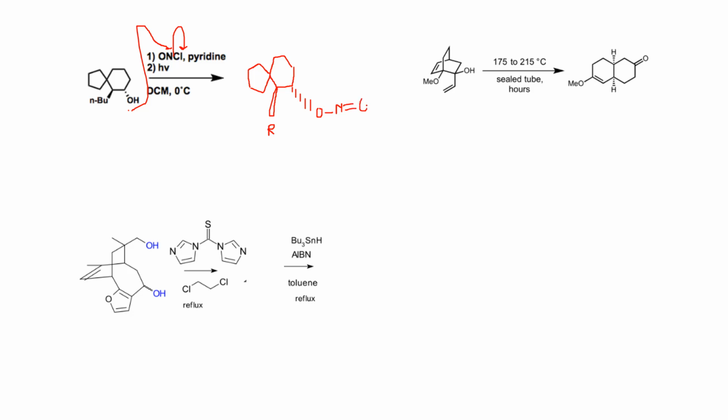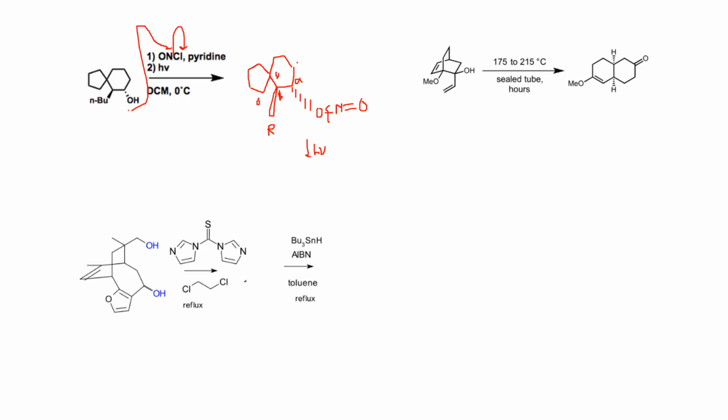Okay, so after that, if you add photochemical conditions, what will happen? This will be cleaved, and the hydrogen with respect to this delta position. This is alpha, beta, gamma, delta, if you give numbering from this side.